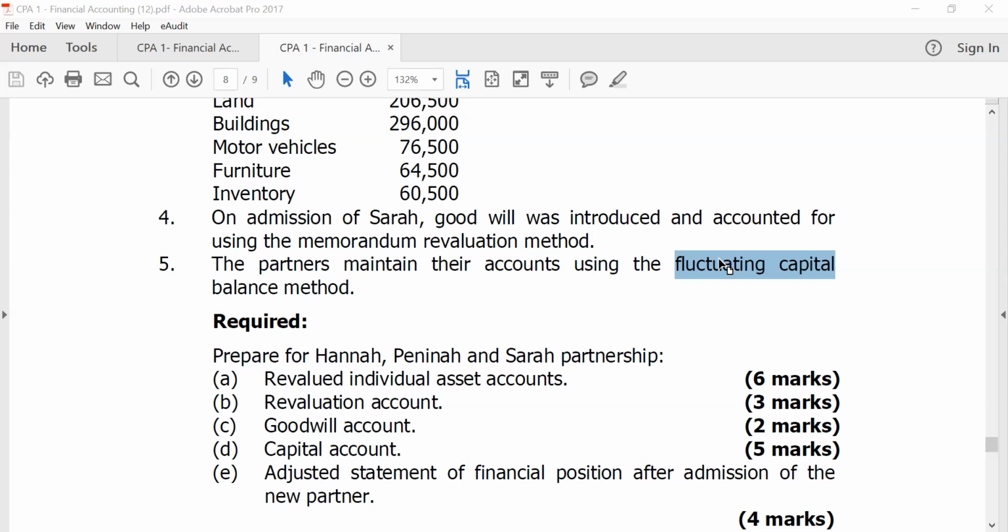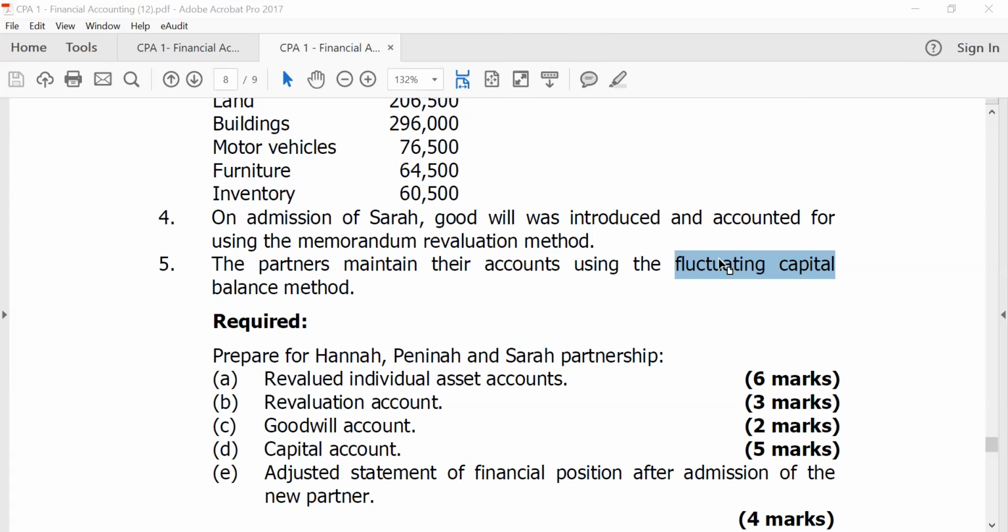That means for the fixed capital method, we shall have 2 accounts, the capital account and the current account. But for the fluctuating, the capital account is a mixture. All the details that go to the current account are put into the capital account.